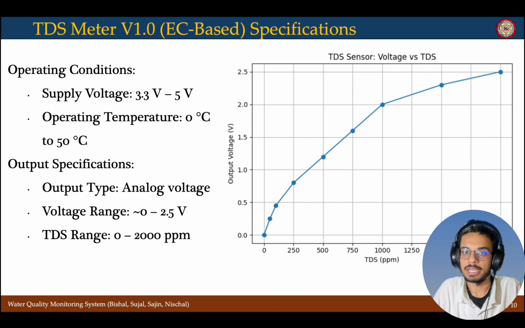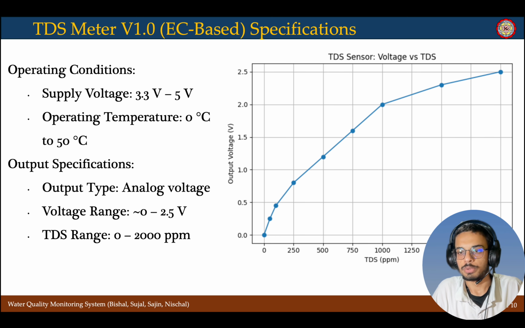And if there is high conductivity, then there will be more flow of current, and more flow of current corresponds to more voltage by the signal conditioning side. So for the high voltage, there is a high electrical conductivity, which is related to the TDS, total dissolved solids.